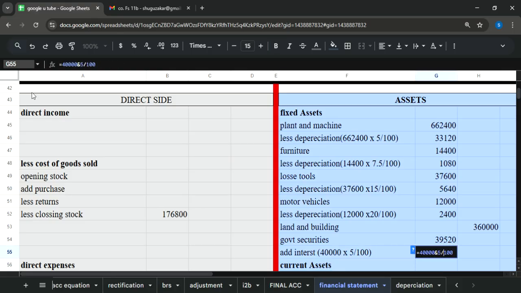The sign was multiplication. So we have calculated interest on government securities, and that would be added.